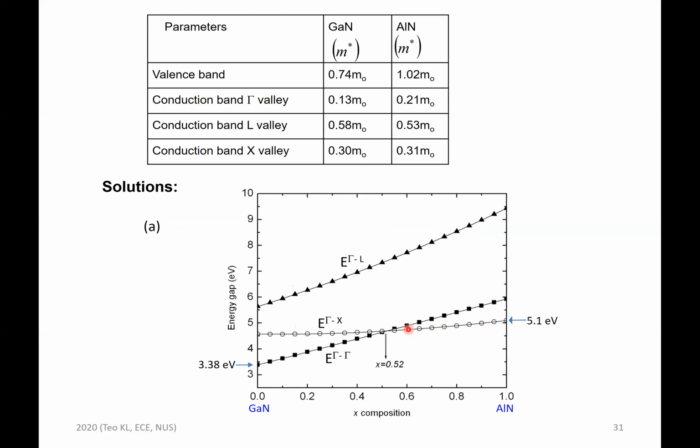The X value becomes the minimum of the conduction band. So this part is indirect band gap. So aluminum nitride is an indirect band gap. Gallium nitride is a direct band gap. The crossover from direct to indirect is at 0.52. So we should be looking at this curve, from direct to indirect band gap.